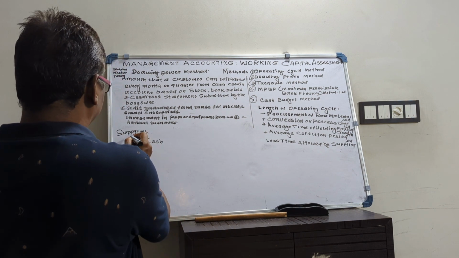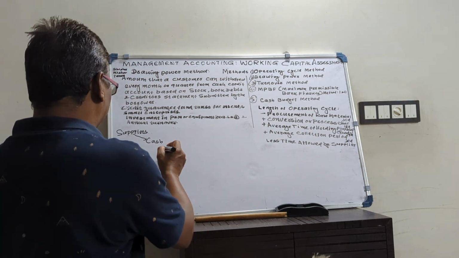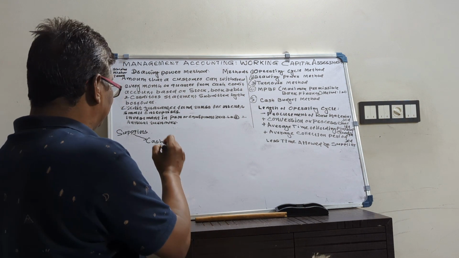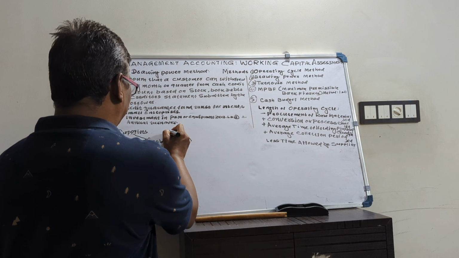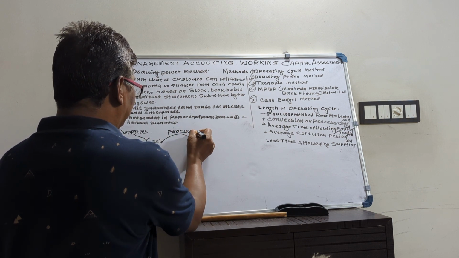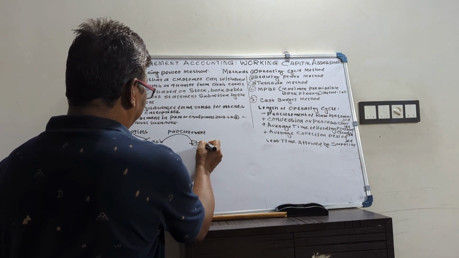Or if the business has cash, then it utilizes the cash. Then procurement of raw material starts, that is purchase or procurement of raw material.